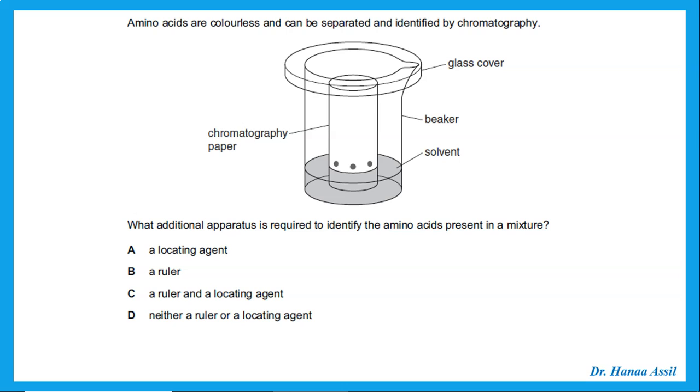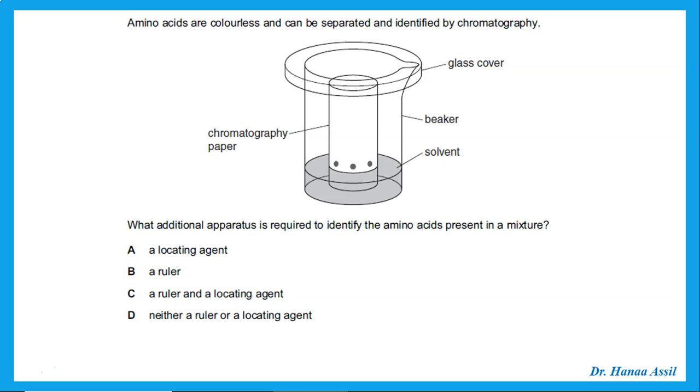Then here he's saying amino acids are colorless and can be separated and identified by chromatography. What additional apparatus is required to identify the amino acids present in a mixture? What did we say about amino acids? We said actually they're not colored. So I will not see anything on the paper unless I use what?